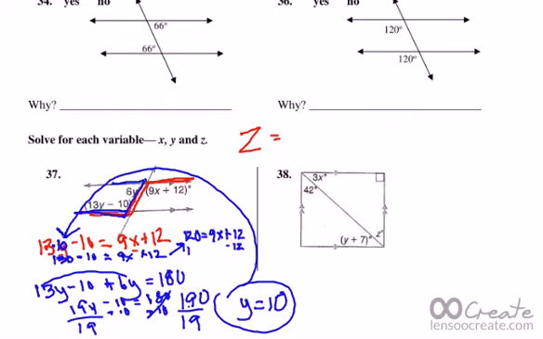Subtract 12 from both sides, and I have 108 equals 9x. Divide by 9, and I end up with x equals 12. So there are my two answers.